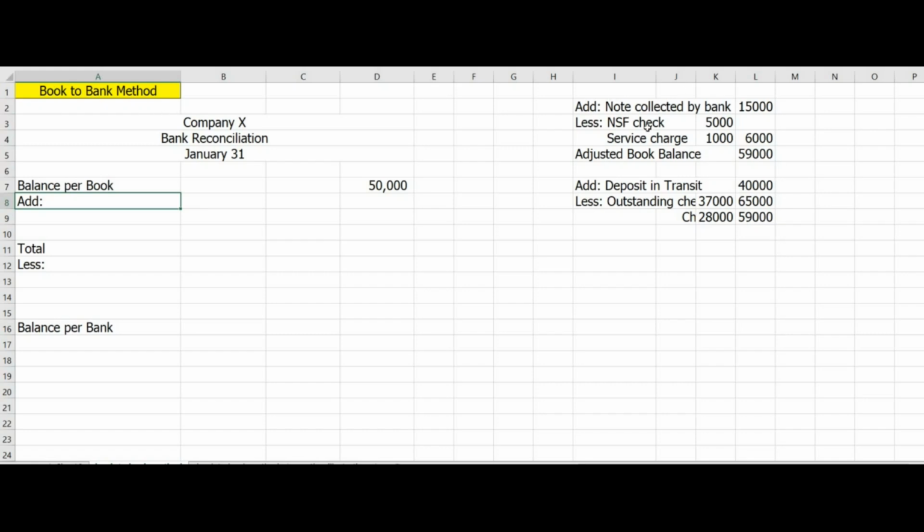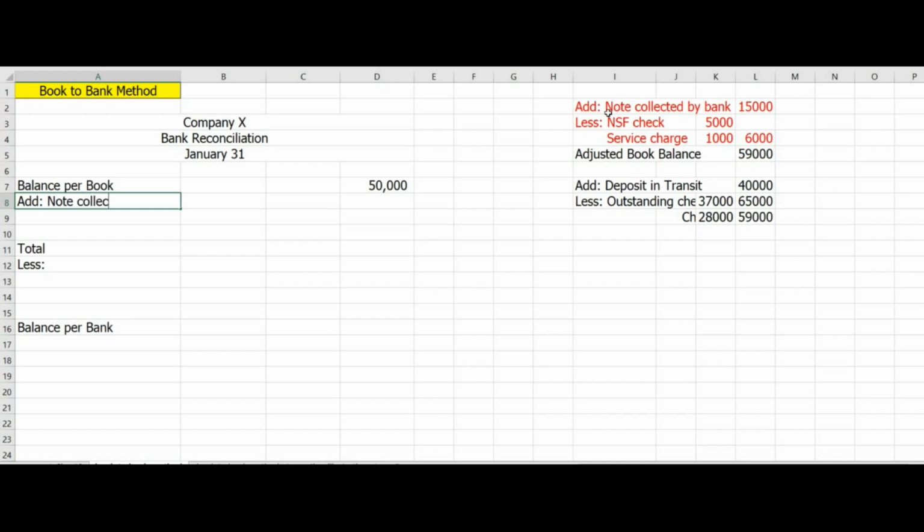Our balance per book is 50,000. That's the amount of our unadjusted book balance. With book-to-bank, all the book reconciling items have the same treatment. So, where are the book reconciling items here? This and this, no? These 3 items are book reconciling items. Our treatment for them is as is. Our note collected by bank is a credit memo, so let's just add it.